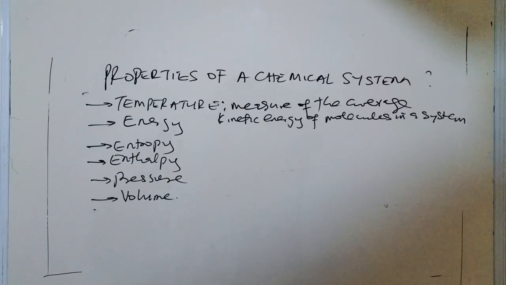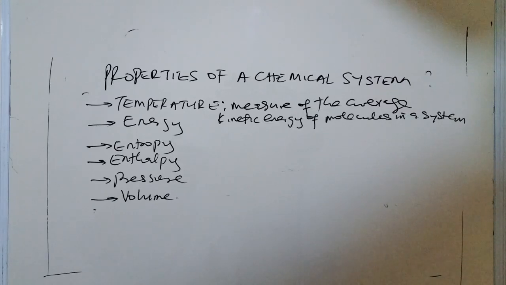The next property is pressure of a system, which is the force per unit area. And then volume, the space occupied by substances in a system. So these are the properties of the chemical system.